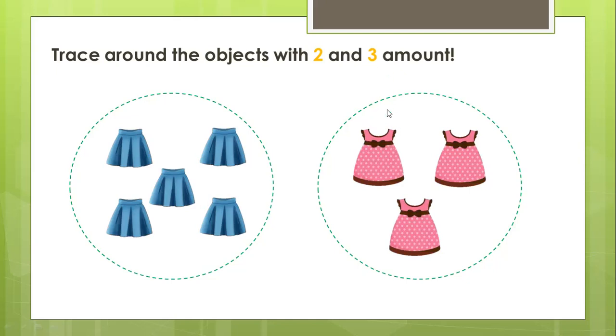It's number 3. So can we trace around? Of course, we can. So let's do it. Trace with me. Okay, so we trace around, or you can circle it on the objects with 3 amount. The 5 amount is over the numbers. All right, let's move on.